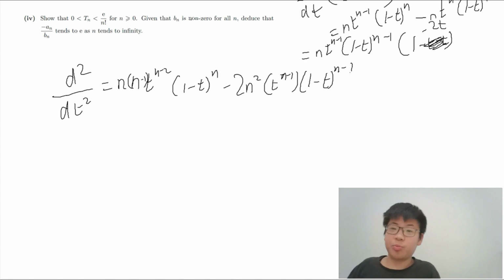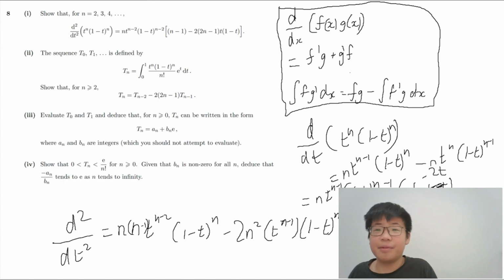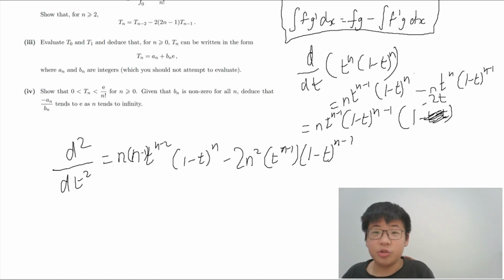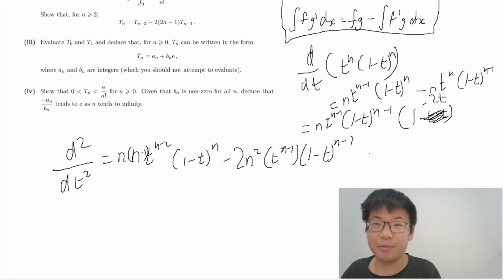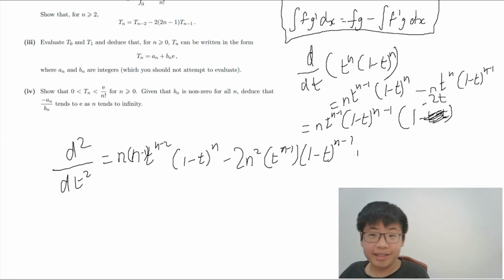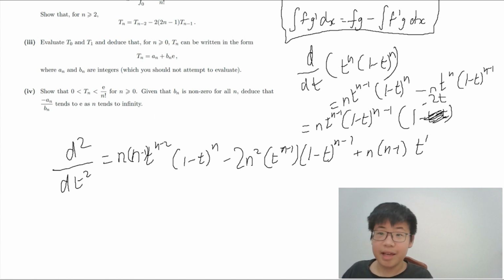Why 2? It's because you can derive that term in both ways. As you can see, you could differentiate this, or you could differentiate this, and either way you still get the same term. This is why we have a 2. And then we have n minus 1, t^n(1 minus t)^(n-2).